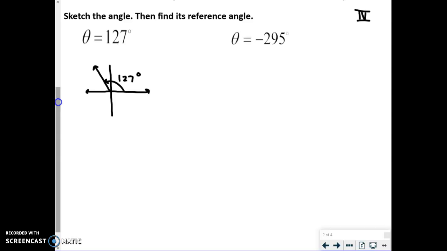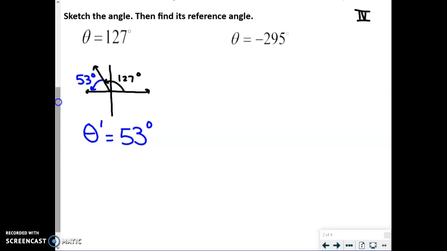Remember that when something is in quadrant number 2, its reference angle is what do we have left to get to the 180 degrees, or to get to that negative x-axis. So in this case, what plus 127 is 180? The answer is 53 degrees. So in this case, the reference angle for 127 degrees is 53 degrees.